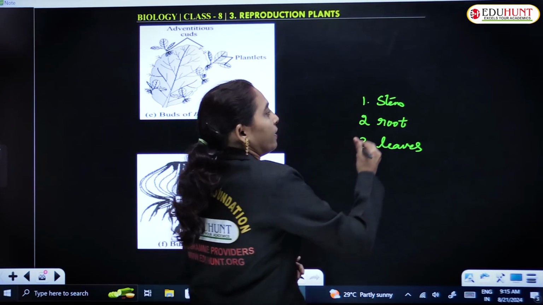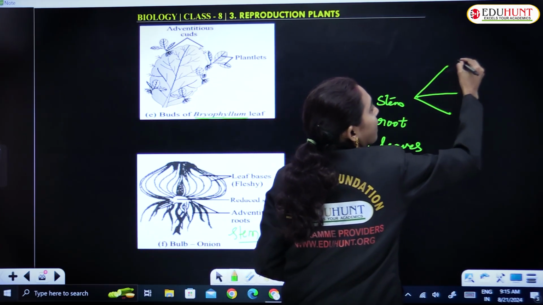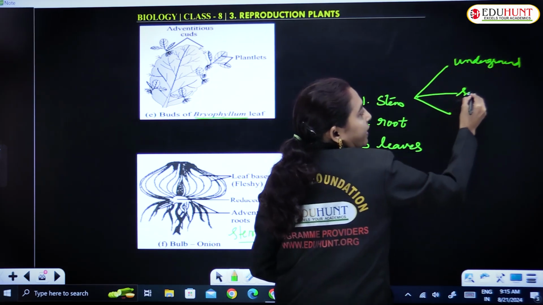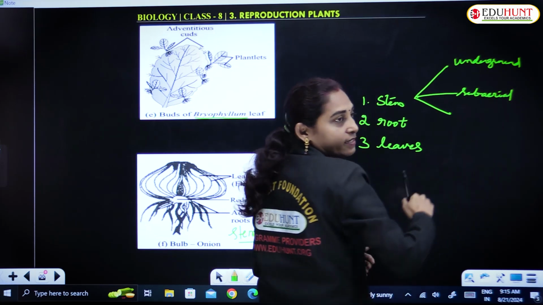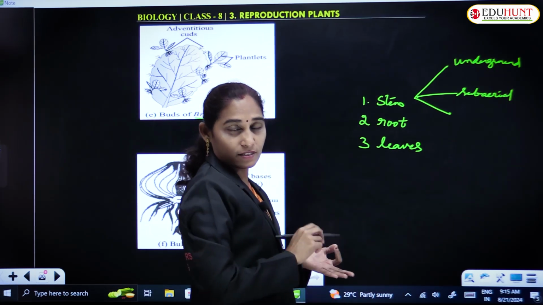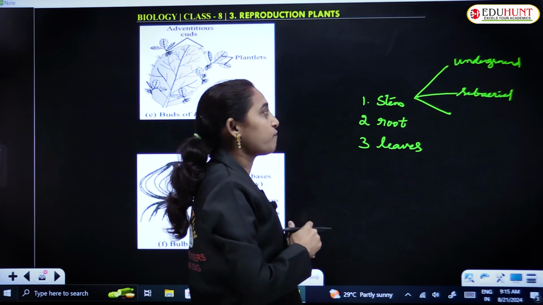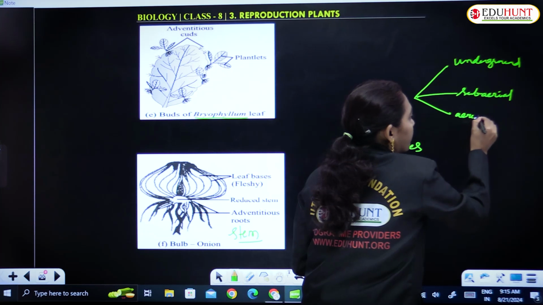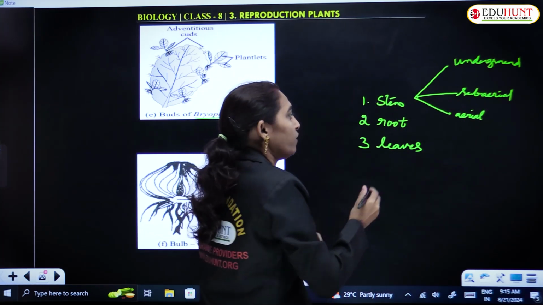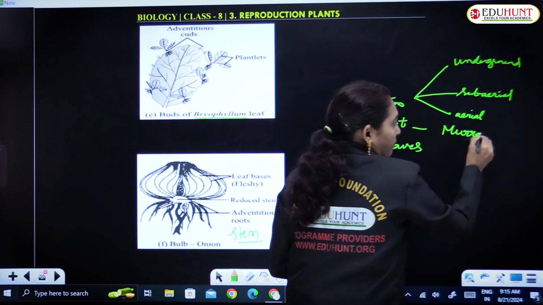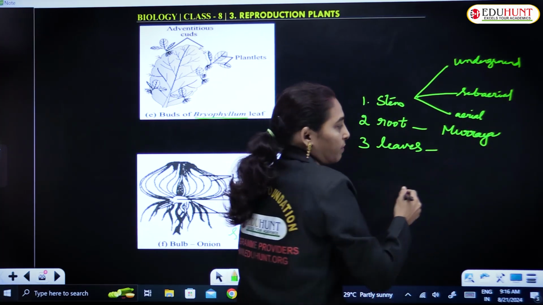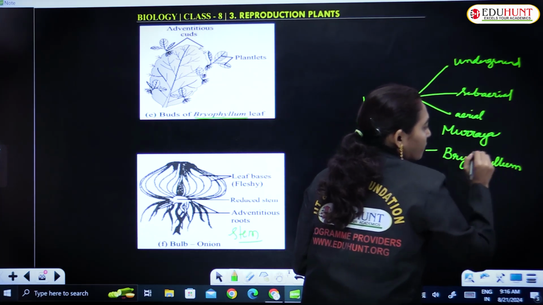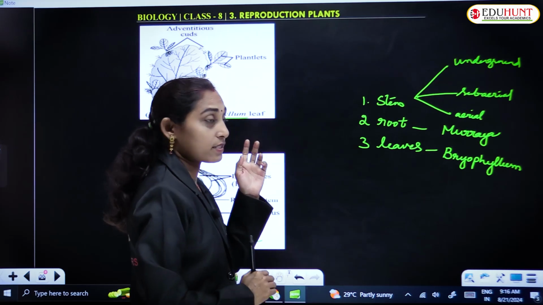So in stems we have seen underground stems, and subaerial stems, that is oxalis, runners, stolons, suckers, offsets; all these are subaerial stems involved in vegetative propagation. And aerial, Opuntia we have seen. In roots, Murraya. Through leaves, Bryophyllum, even walking fern, all these are examples.